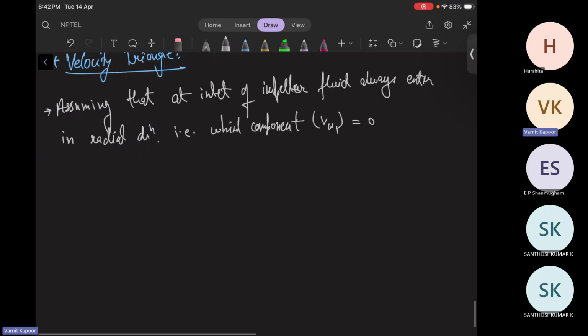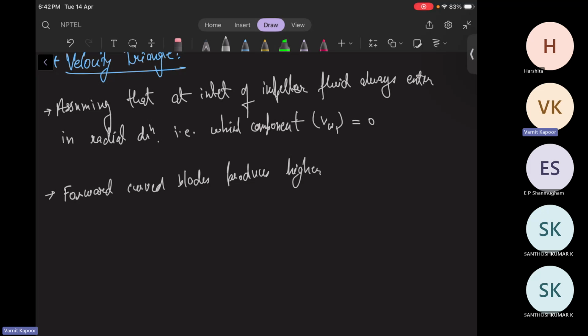Let me write. Forward curved blades produce higher pressure ratio but have lower efficiency and narrow operating range.